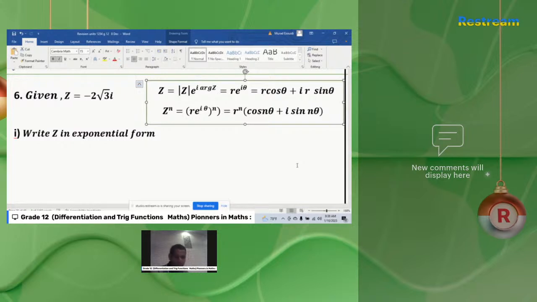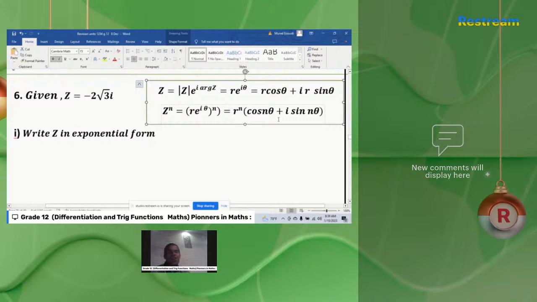Therefore, learners, we said it's called the De Moivre formula. This n comes like that. You should raise r to the power n, then replace e to the I theta by cosine n theta plus I sine n theta, multiplied by n, so like that: r^n (cosine n theta plus I sine n theta).